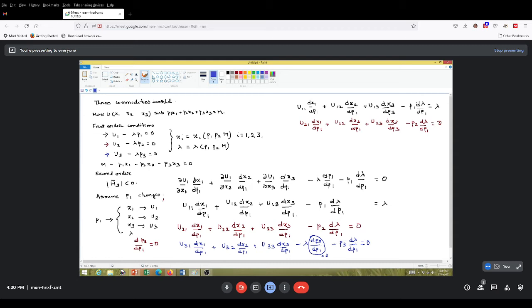So this part disappears and we have, this was minus P1 into d lambda by dP1, this is P2 into d lambda dP1, this is P3 d lambda dP1. So it becomes U31, I'll write these terms later, plus U32 and this is U33.